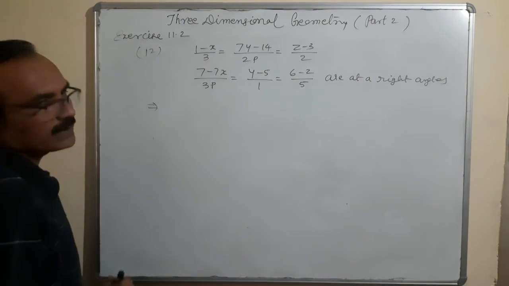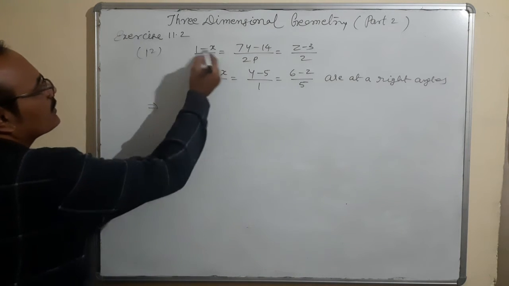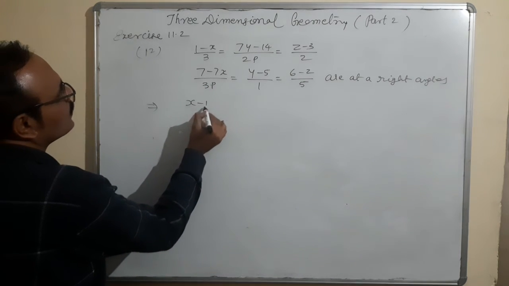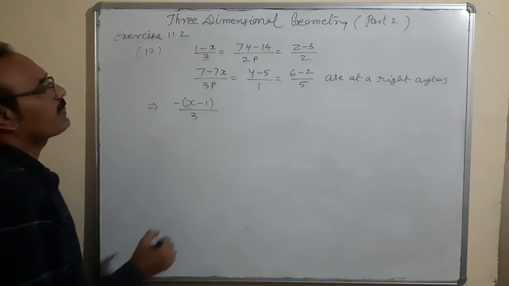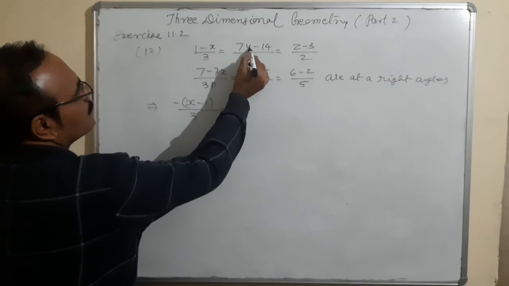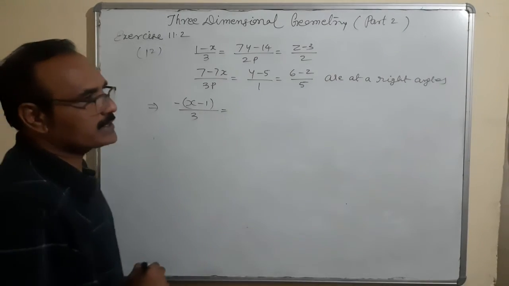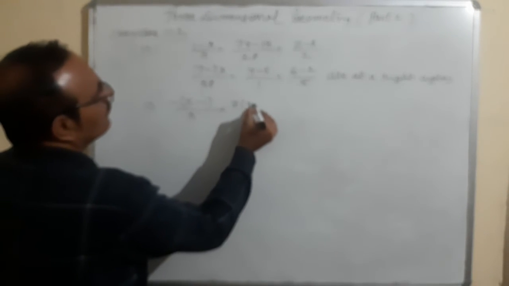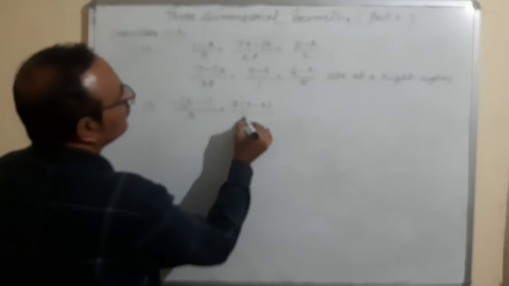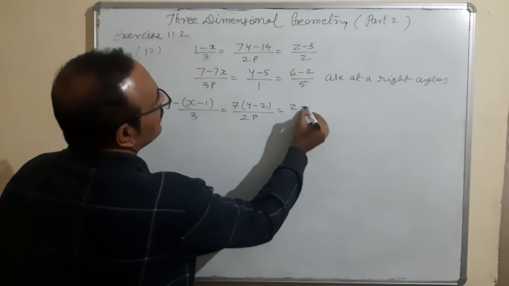1 minus x: we take the minus sign common, so it becomes (x minus 1) upon 3. Is it okay? The coefficient of y is 7, but in the standard form it is only y minus y1, x minus x1, z minus z1. So I'll take 7 common: (y minus 2) upon 2p by 7, and (z minus 3) upon 2.